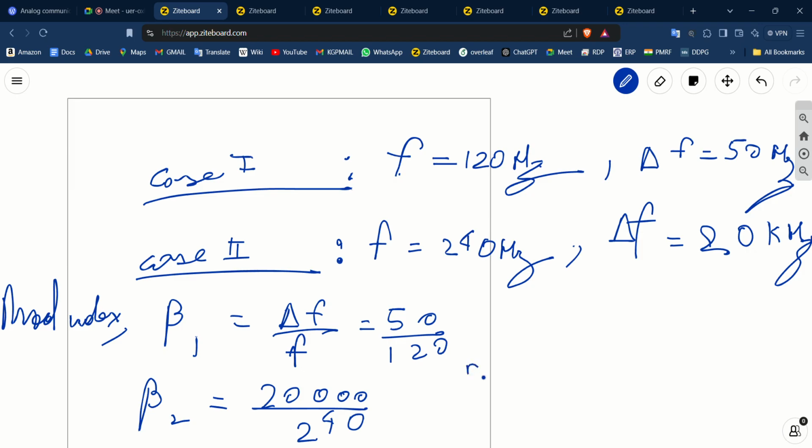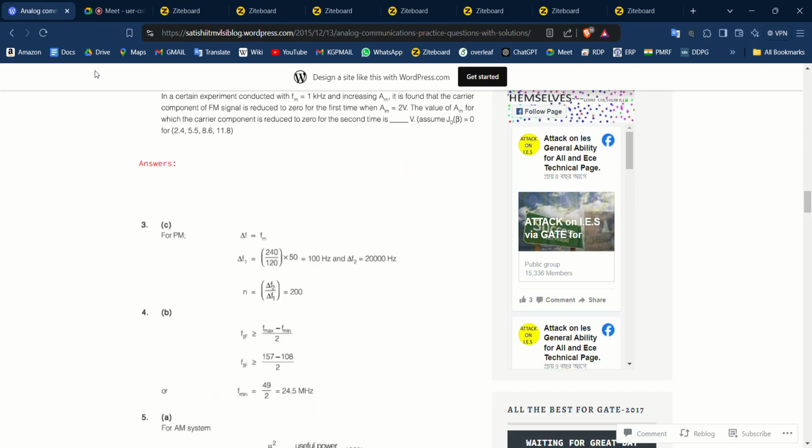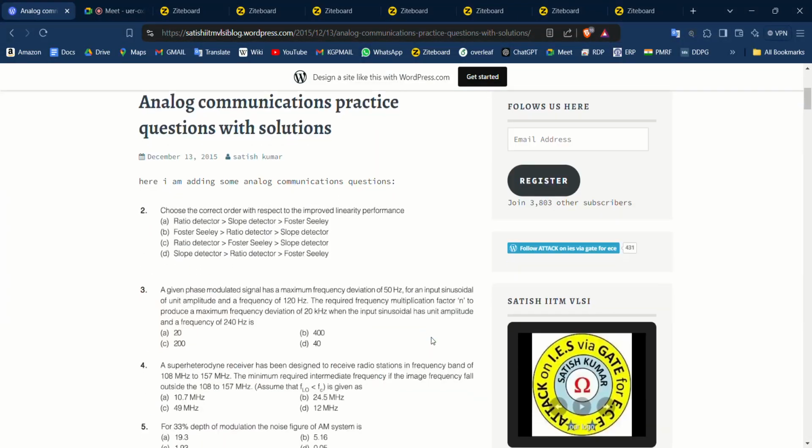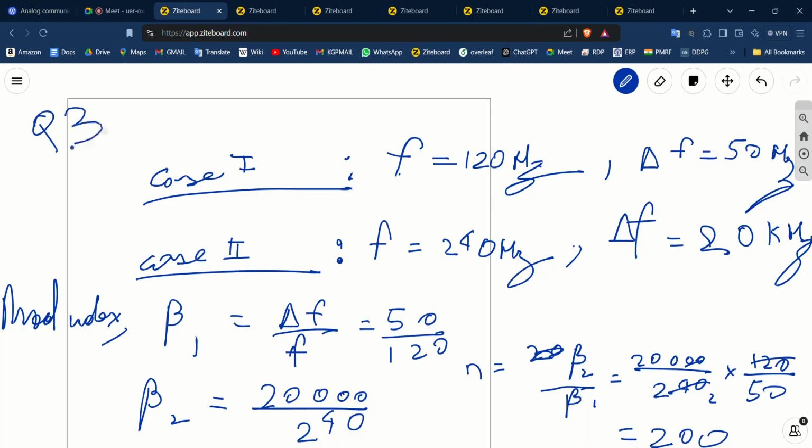So n is given by beta 2 by beta 1, which is 20,000 by 240 into the reciprocal of beta 1, so 120 by 50. The zeros cancel, so beta 2 by beta 1, the multiplication factor, will be 200. So the answer is C, 200. For question 3, the answer is C.